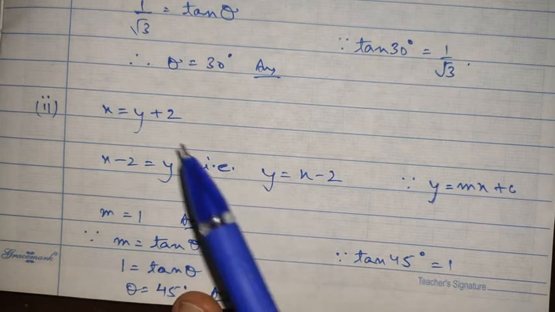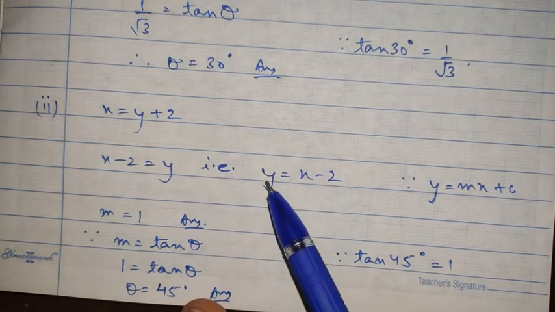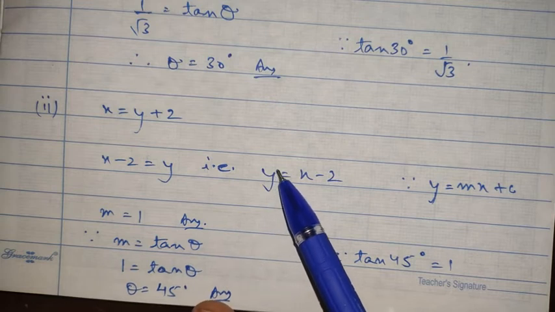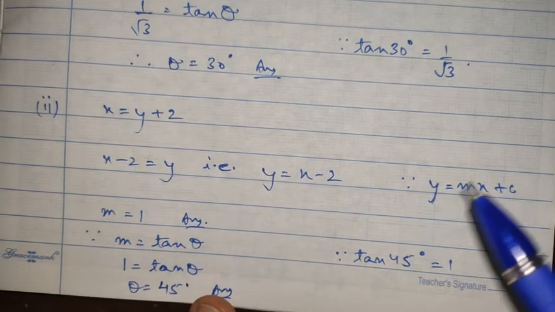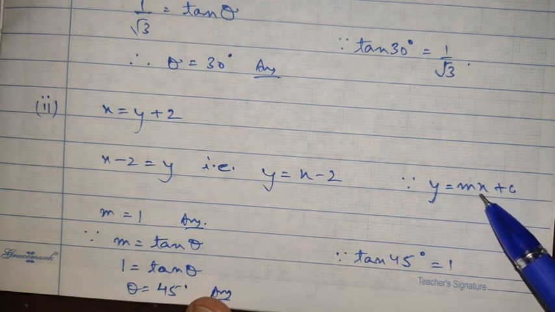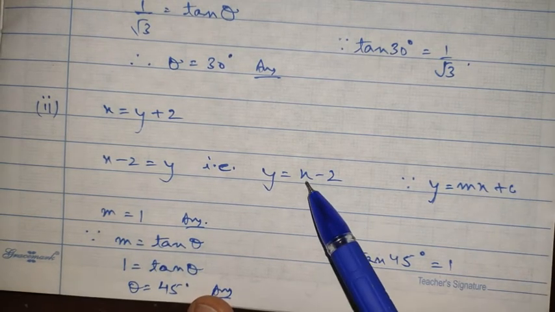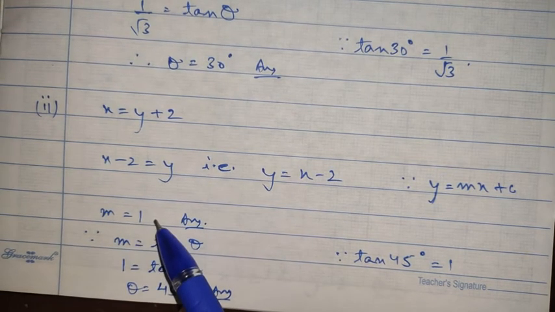After making the given equation into this format, as I told you earlier, the coefficient attached to x represents the slope. Now in this, there is no such coefficient. By default, if there is no coefficient related to x, that means the coefficient is 1. That means the value of m will be 1.